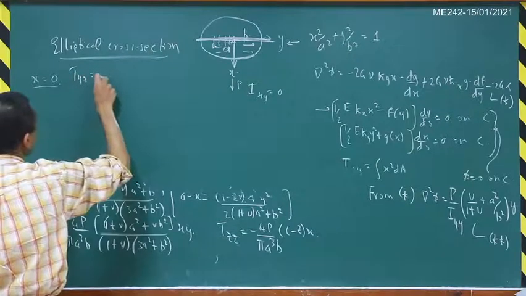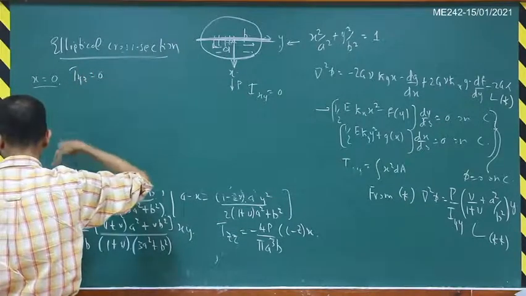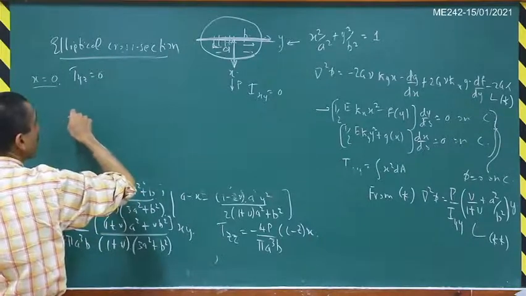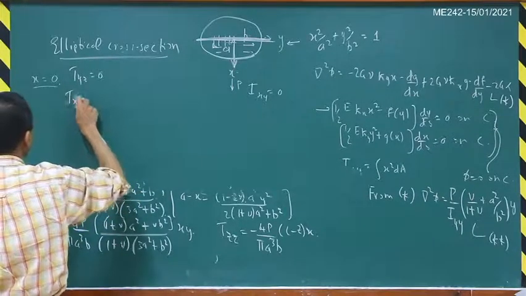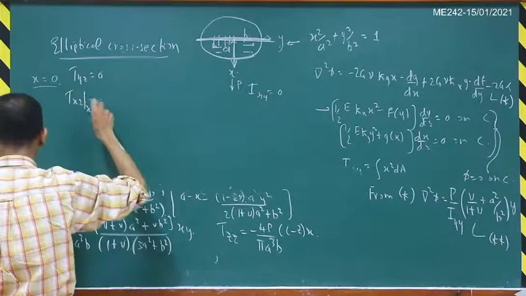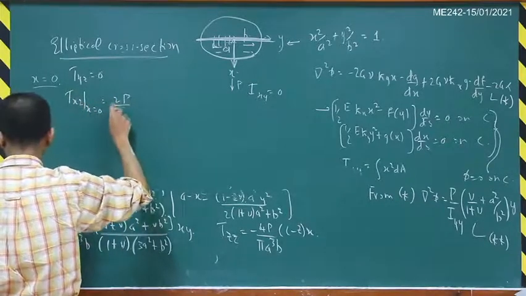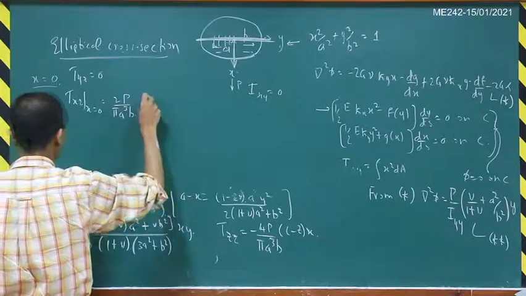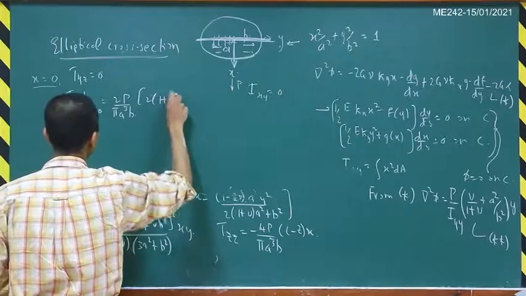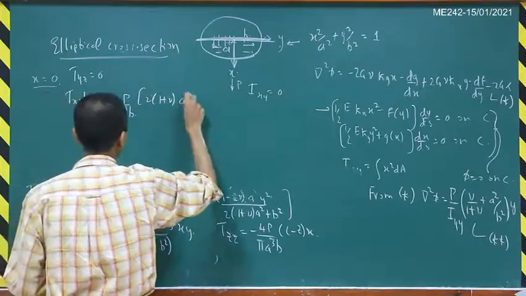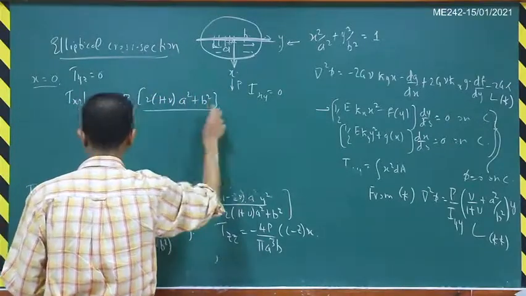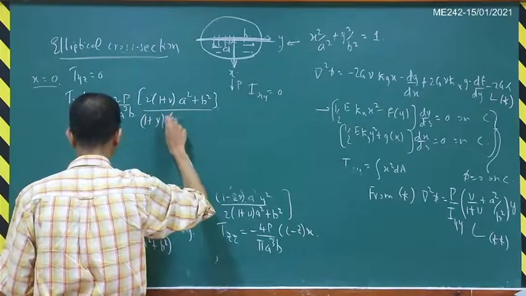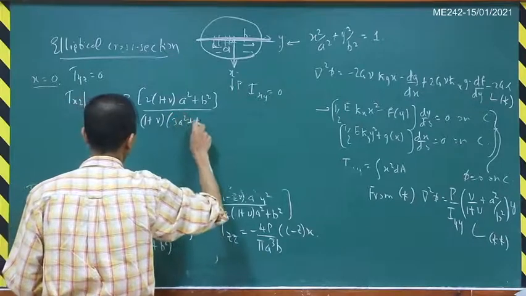So tau yz is equal to 0, and your tau xz at x equal to 0 is equal to 2P divided by pi a cube b times 2 into 1 plus mu times a square plus b square divided by 1 plus mu times 3a square plus b square.